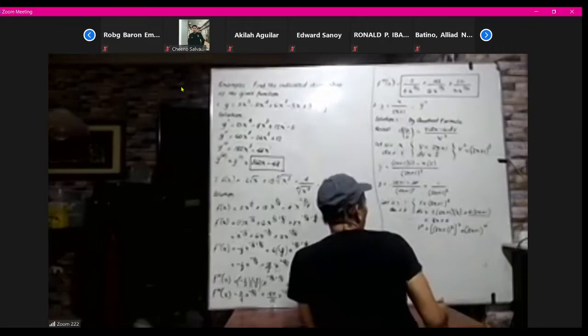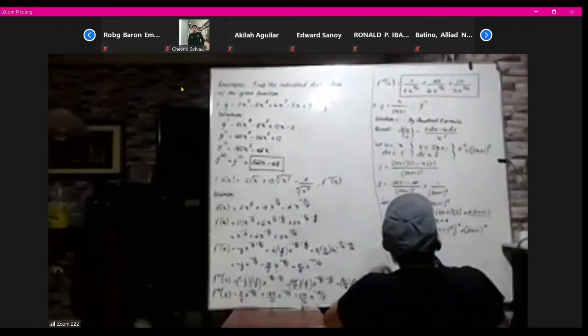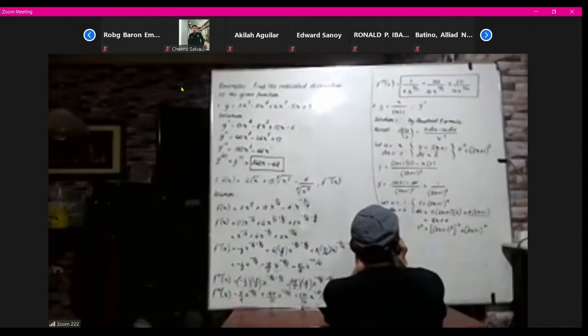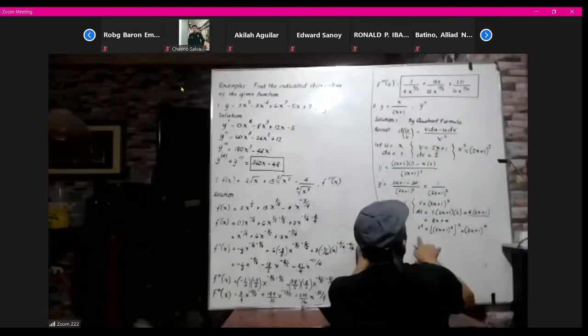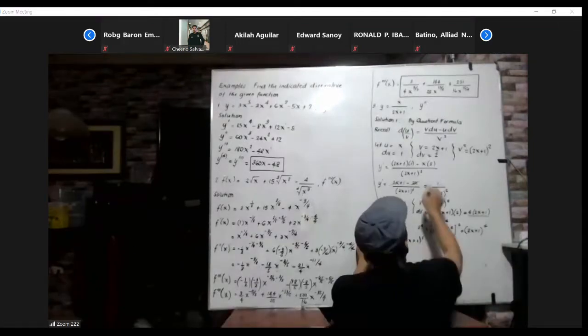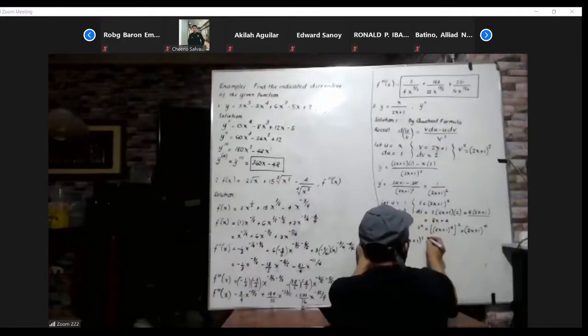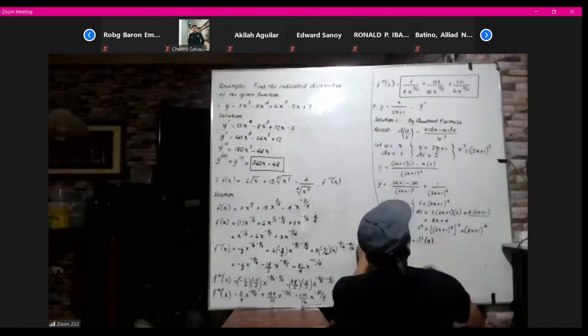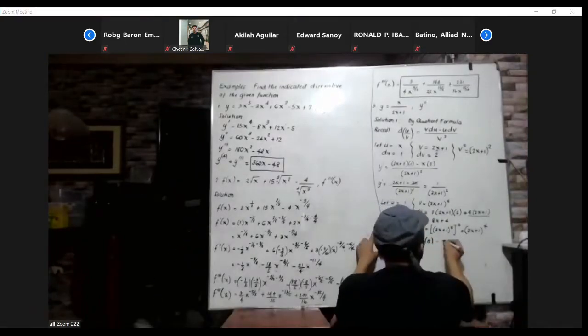So, therefore, guys, substitute na natin sa formula. Second derivative of y is equal to v. Ano yung v natin? Ayun, 2x plus 1 enclosed quantity squared. Ano ang du natin? Du natin 0. Then minus, ano yung u natin? 1.